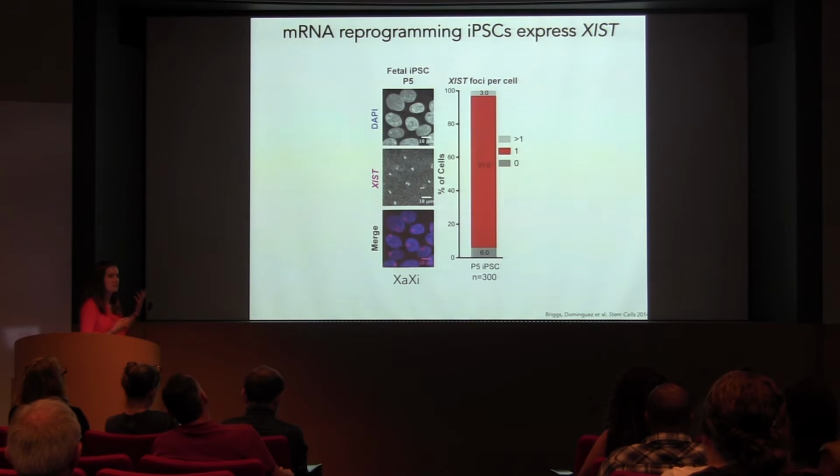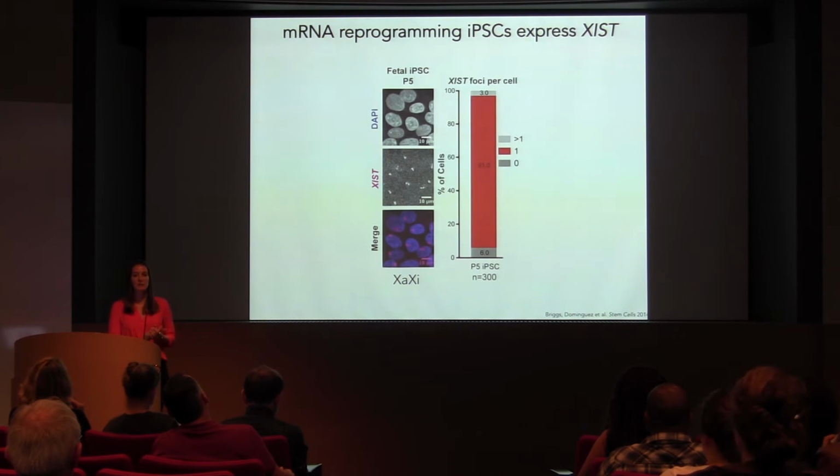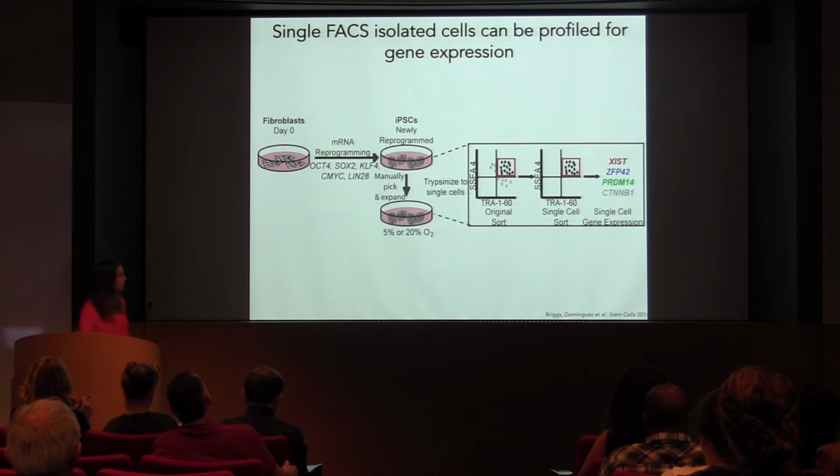And so this is great, but again, we really wanted to go back and see what's happening immediately after reprogramming. Who knows what could have happened in 5 passages as we're growing these cells? So I developed a protocol that takes fibroblasts on day 0. We reprogram them using mRNA, which I showed you before.